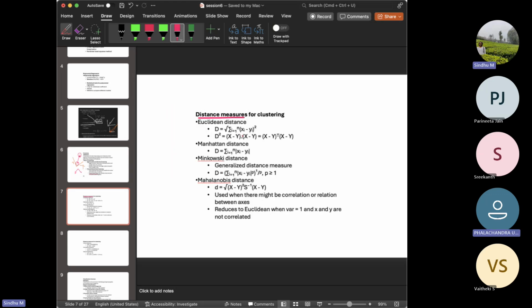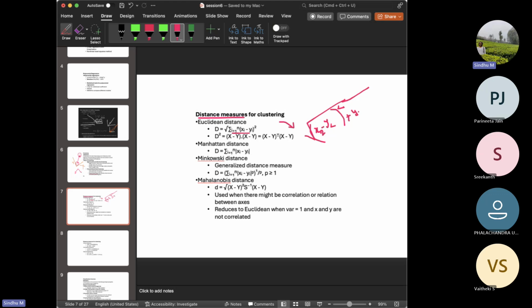The first is the Euclidean distance. This is the normal distance that we generally use, the square root of (x2 minus x1) the whole square plus (y2 minus y1) the whole square. So this is the Euclidean distance.